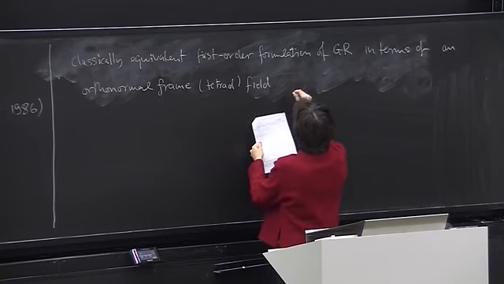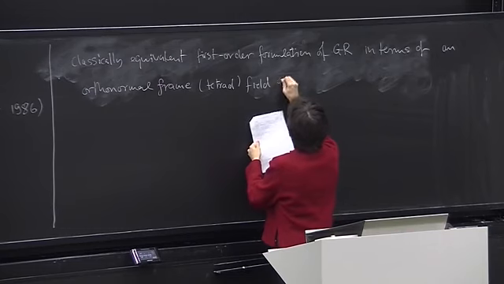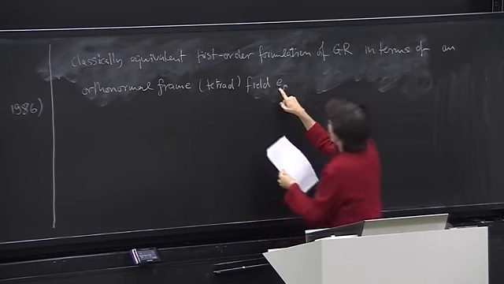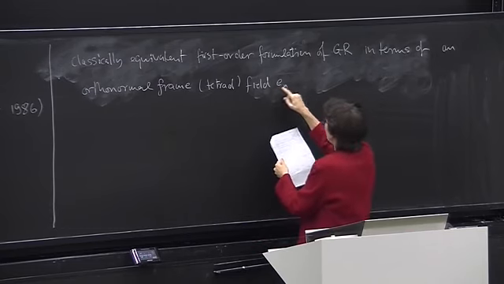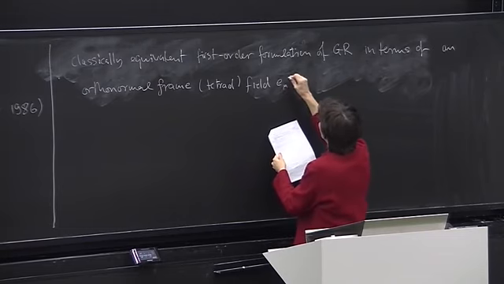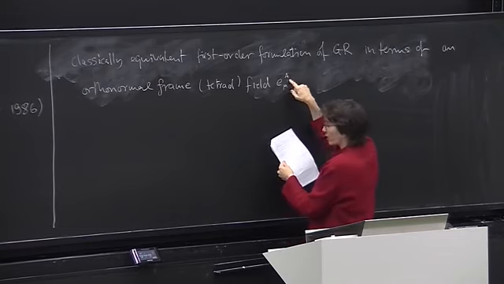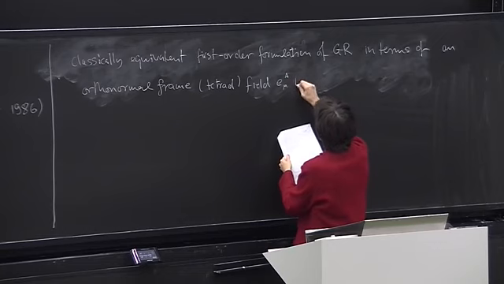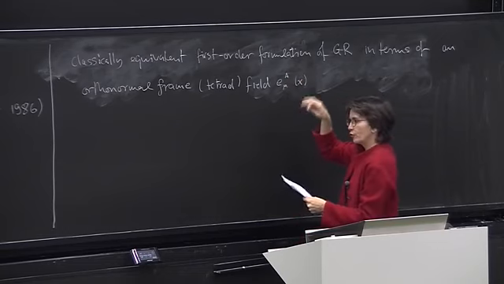Orthonormal frame field, and the notation for those is little e, space-time index mu, internal index capital A. So that refers to the frame in each space-time point.